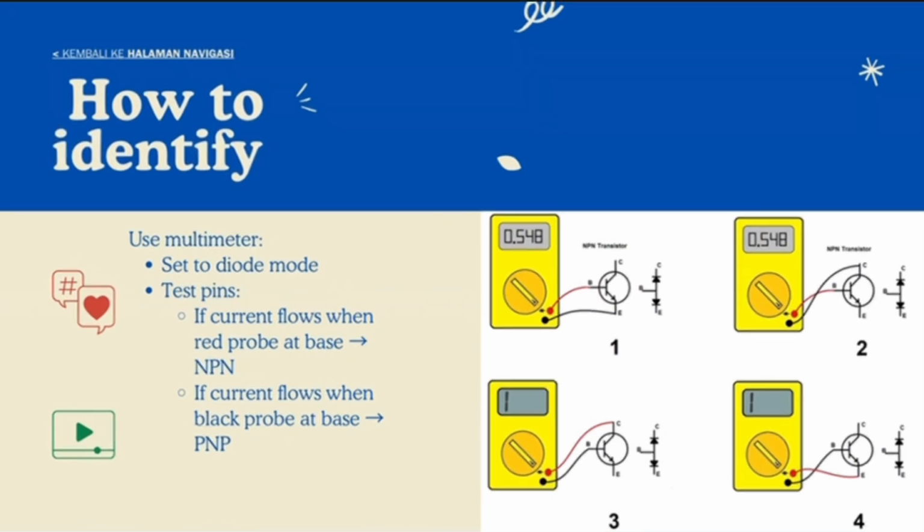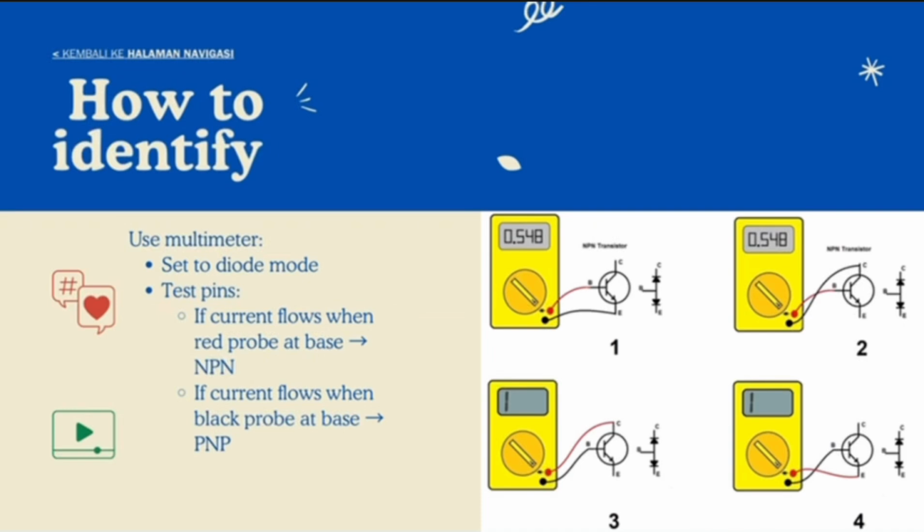And now I'm going to show you guys how to identify whether the transistor is NPN or PNP using a multimeter. Okay, so first things first, we are going to set the multimeter to diode mode or the ohms mode. Then we are going to connect the probes to the transistor terminals and observe the reading.